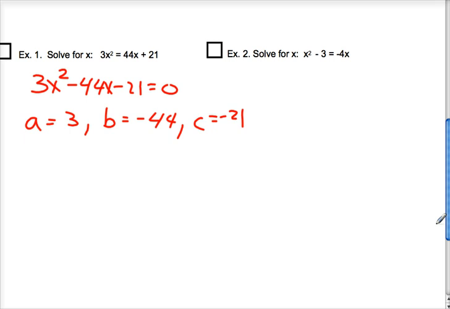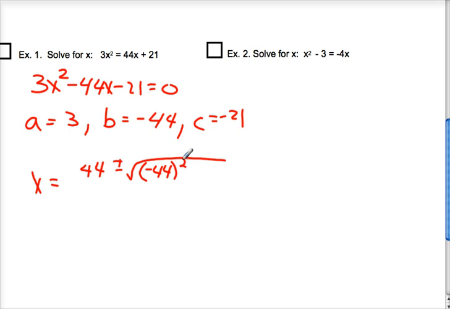You're plugging this in. So we're going x equals negative b, which is 44, plus or minus the square root of b squared. Make sure you put b in parentheses. So my b is negative 44. I'm going to go ahead and put negative 44 in parentheses, and then put a square outside the parentheses.